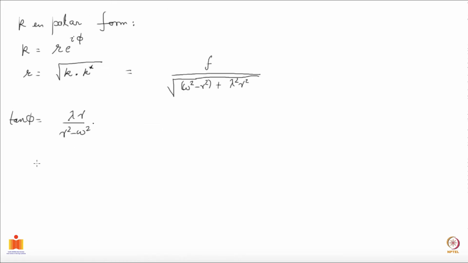So z becomes f over omega square minus r square plus lambda square, sorry, not r square, that was gamma.